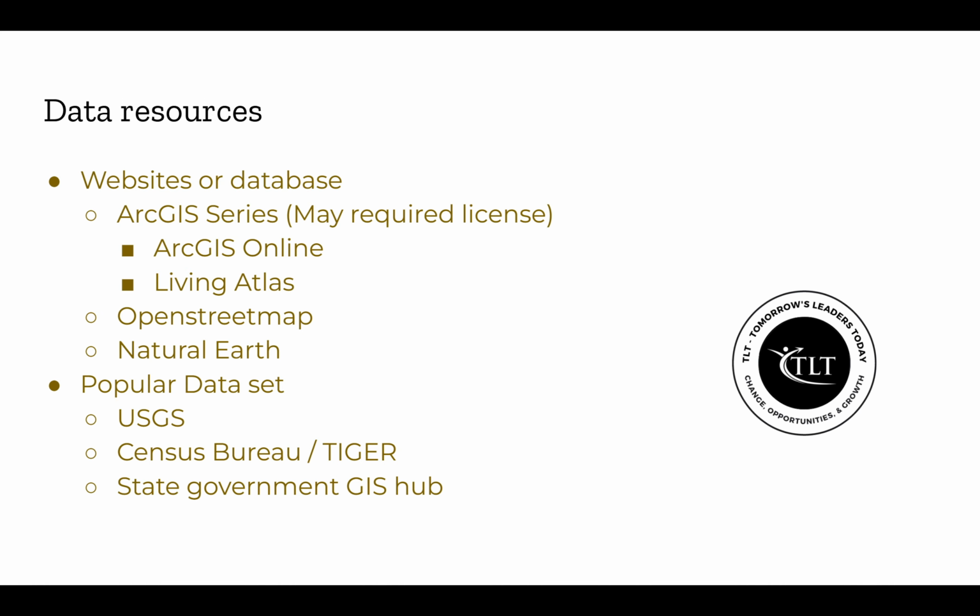So some data and resources that are offered are ArcGIS Series, ArcGIS Online, Living Atlas, OpenStreetMap, and Natural Earth. And some popular datasets that are used for this project are USGS, Census Bureau slash TIGER, and State Government GIS Hub.